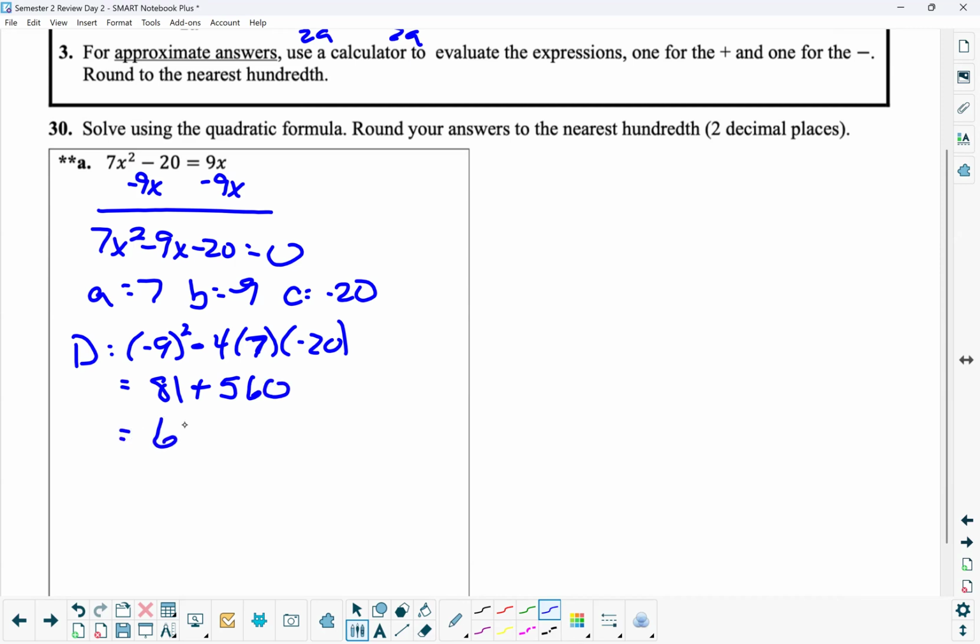So we get 641 for D. So I know I'm going to have 2 solutions. My solutions are going to be the opposite of B, the opposite of negative 9, which is 9, over 2 times A, 2 times 7, plus or minus the square root of 641 divided by 2 times 7.